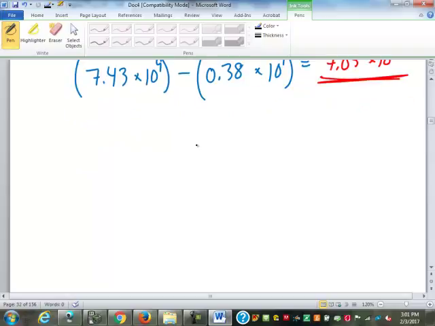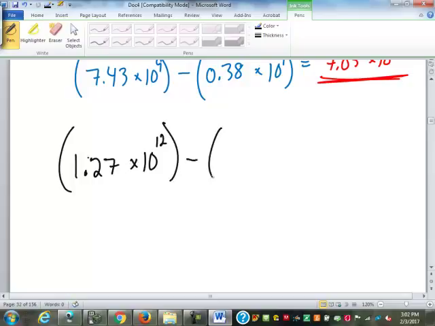So let's take a peek at this one. Oops, that's not what I want. 1.27 times 10 to the 12th minus 9.4 times 10 to the 11th.